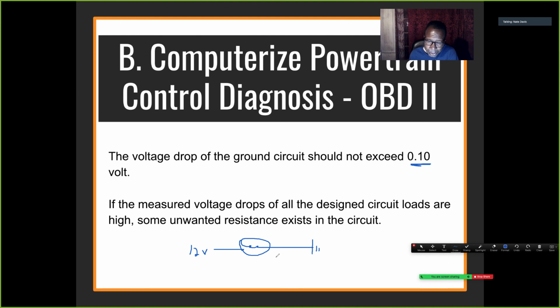No, a light bulb, it doesn't matter. Let's go with this analogy here. On the ground side, we've got to see 0.1. Here, we see 12. Here, we see 2 volts. We see 2 volts on this side right here.